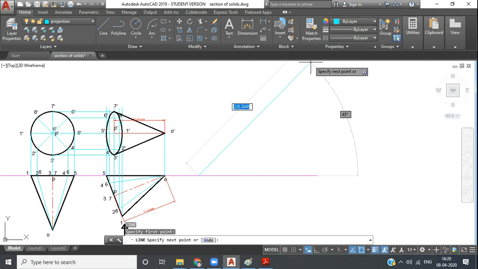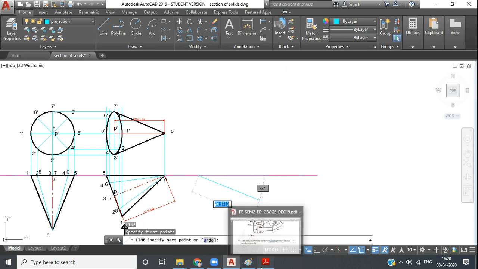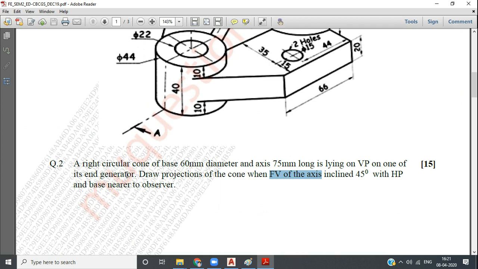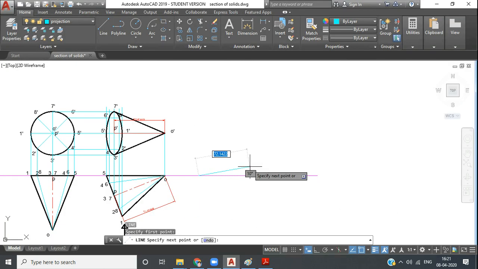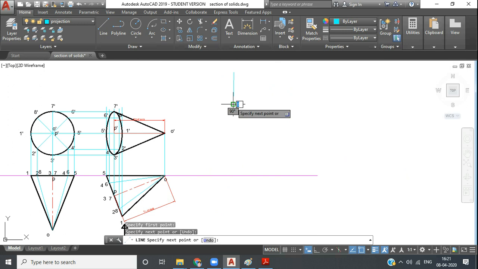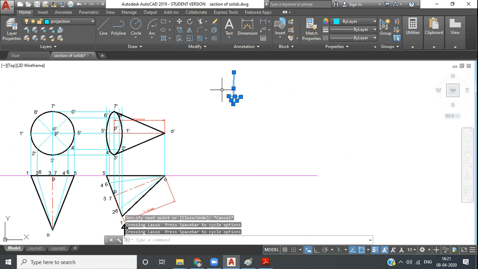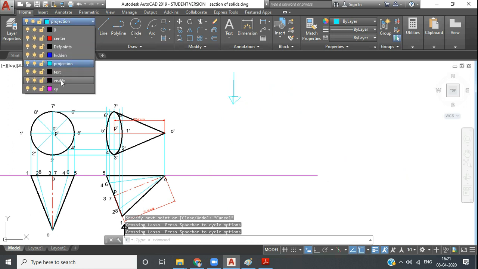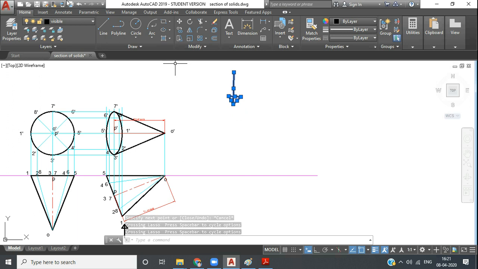Forget about that. They have said with HP and the base is nearer to the observer. Now when the base is nearer to the observer, this is its base and the observer is here. The observer is looking from this direction, so the base should be there.